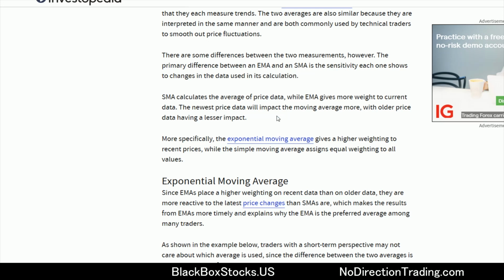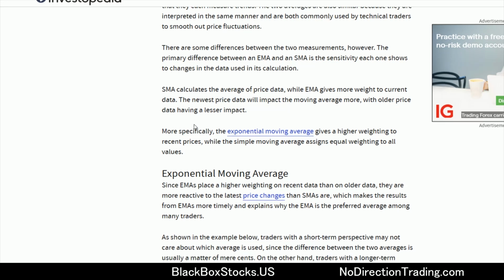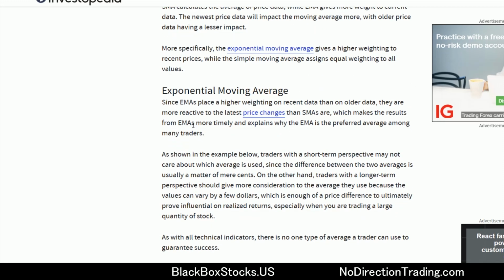But now we've learned by looking at the chart that an EMA is by far the best selection for intraday trading. Since EMAs place a higher weighting on recent data than older data, they are more reactive to latest price changes than SMAs are, which makes the results from EMAs more timely and explains why the EMA is the preferred average among many traders.